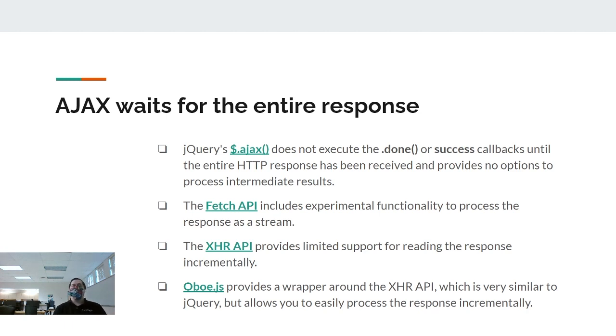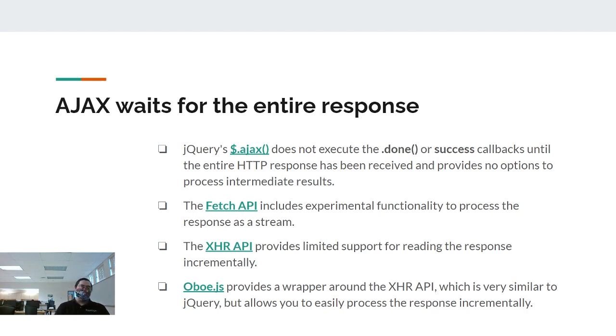So you can read the response as it's coming in rather than waiting until the end. There are some hoops you have to jump through because it's not something that's built in with a clear way to do it. So you have to use some tricks, but it can be done.